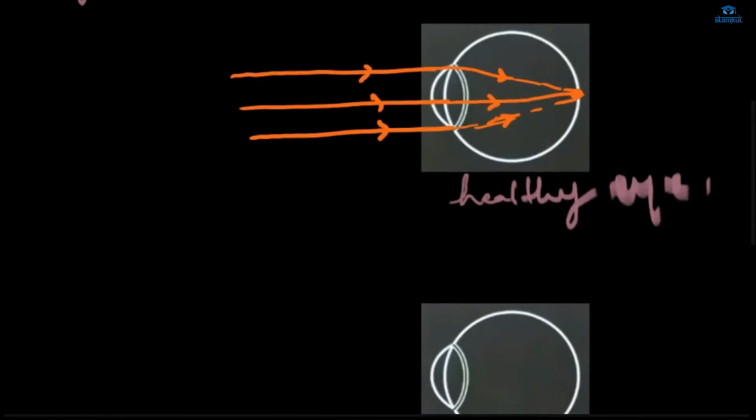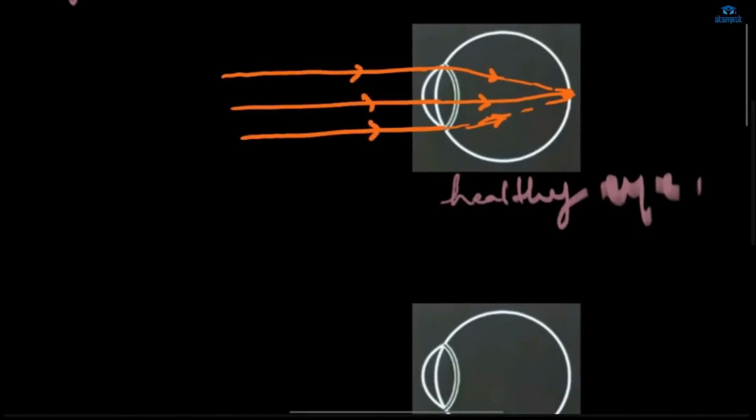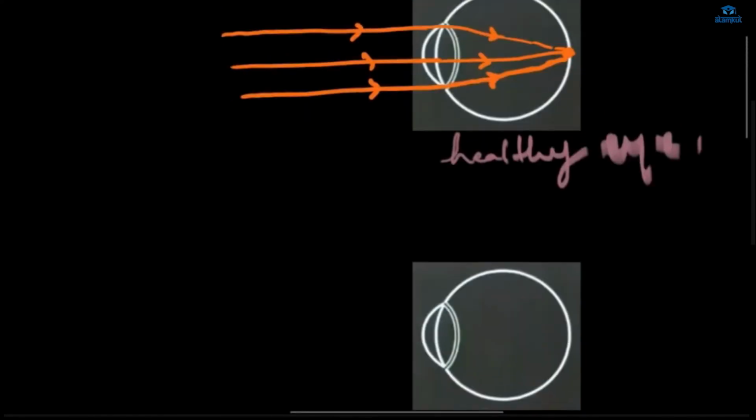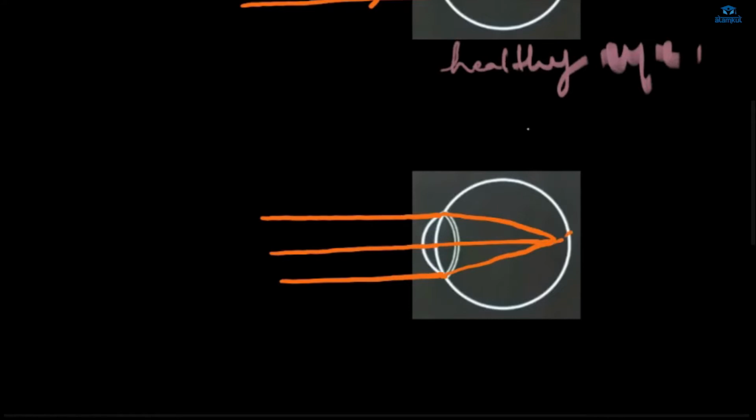Now, this eye can see far away objects properly. But what has happened is that the far vision has become poor. It means the light ray which is coming from far, this is our myopic eye that I am drawing here, the image of that object is forming before the retina.